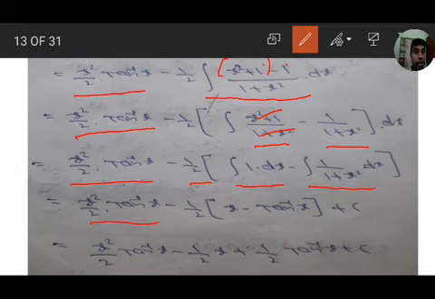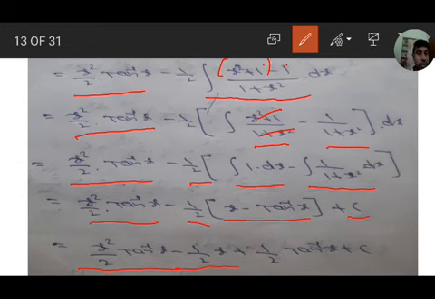So x square by 2 into tan inverse x minus 1 by 2 as it is, the integration of 1 is x, and the integration of 1 by 1 plus x square is tan inverse x, plus c. Multiplying with 1 by 2, x square by 2 tan inverse x minus 1 by 2 x plus 1 by 2 tan inverse x plus c.